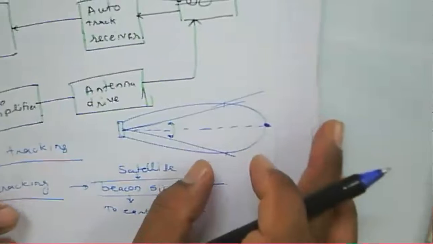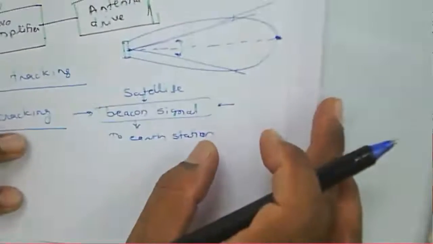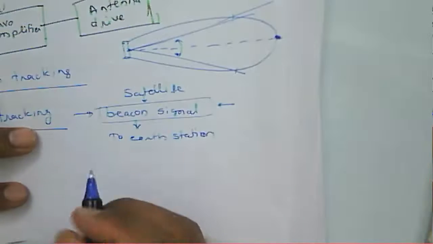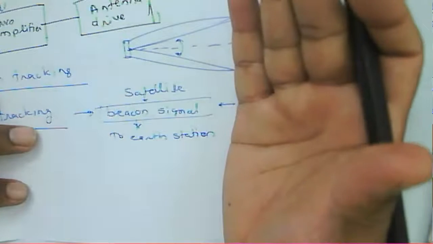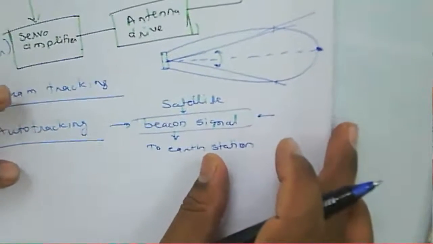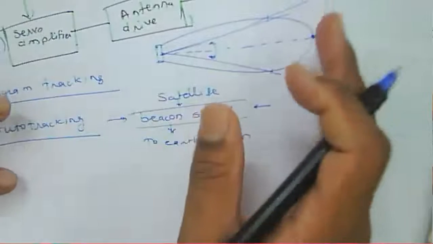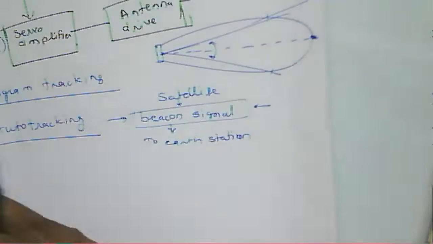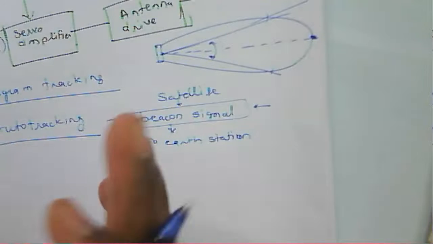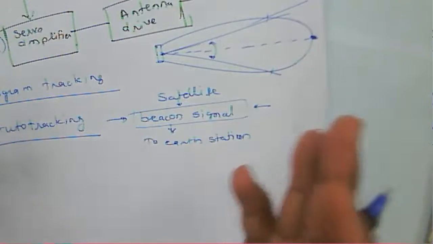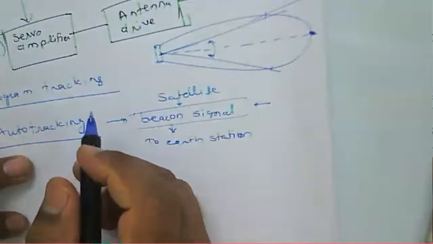So here we are not adjusting the satellite antenna, we are just adjusting the Earth station antenna. The satellite antenna is adjusted at the time of launching the satellite. Once it is placed in the given orbit, it opens up the antenna, solar panels and all, and according to that, the antenna of the satellite is adjusted. Once the satellite antenna is adjusted, then it is fixed. We only have the scope to adjust the Earth station antenna.